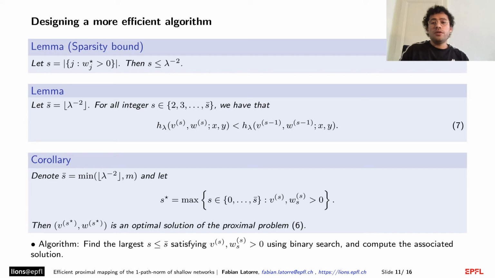Second, we notice that the objective function h lambda is monotonically decreasing when we increase s, and thus, the larger s, the better. This provides a way to directly compute the optimal value of s by just searching for the largest s that corresponds to a feasible stationary point. This last operation can be efficiently performed using a binary search.